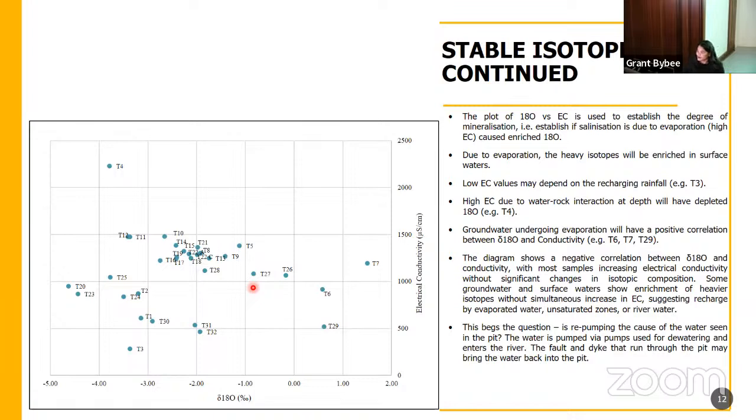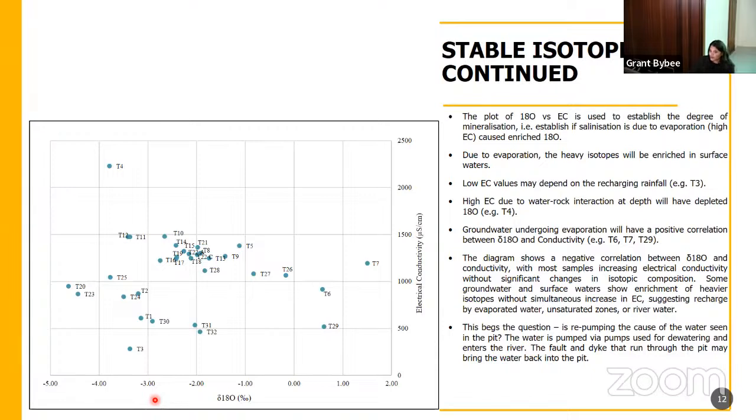So what we had here when we plotted our EC against our 18O is that we actually had a negative correlation, meaning that our 18O and our conductivity did not have a linear relationship, such that we had more samples increasing in electrical conductivity without there being many changes to the delta 18O. So that means that it could be that there was some water that was enriched with heavier isotopes and then increased in our EC, suggesting maybe recent recharge with evaporated waters or mixing with the unsaturated waters or river water.